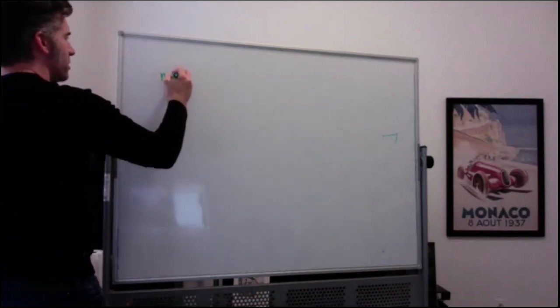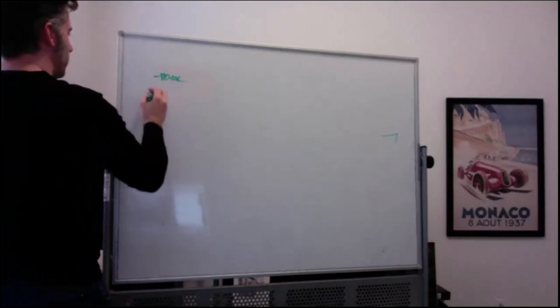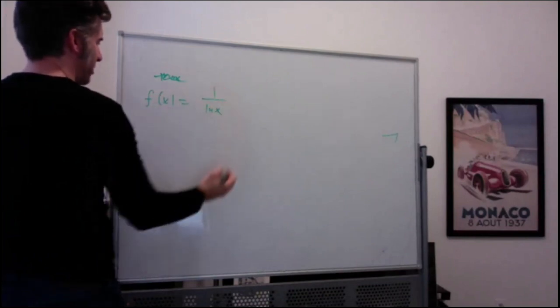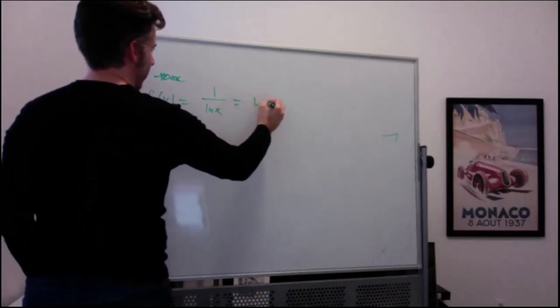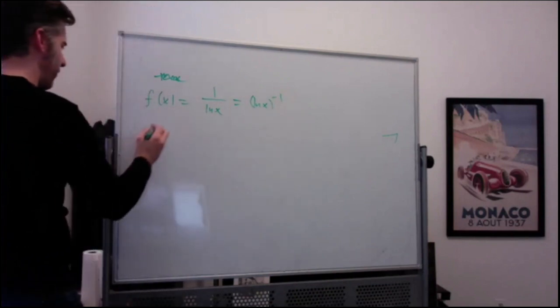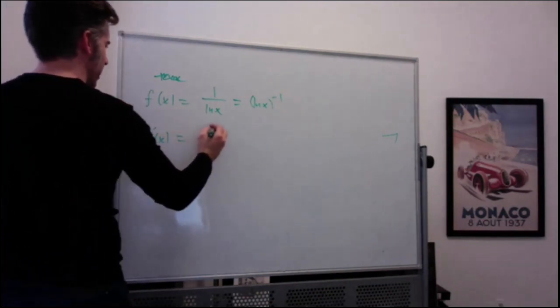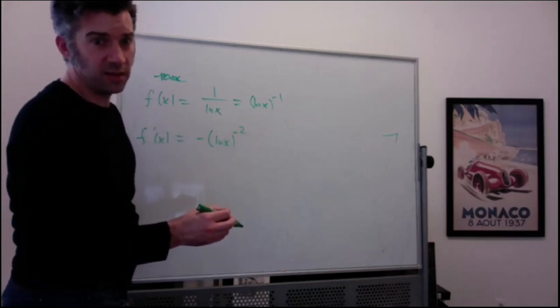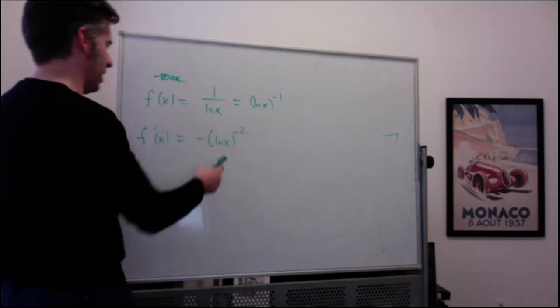So the max of f double prime. f of x is 1 over the natural log of x, or the natural log of x to the negative 1. The first derivative is negative natural log of x to the negative 2, times 1 over x.